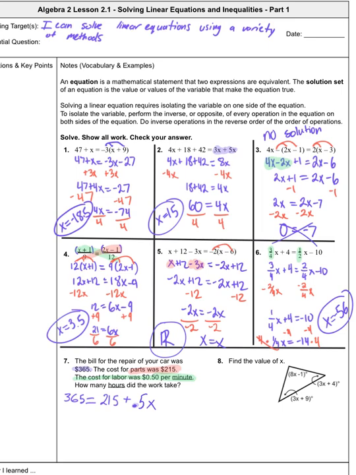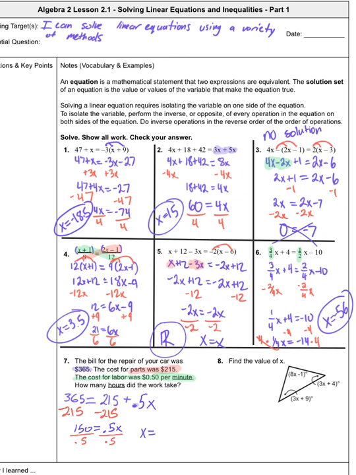So first we want to get that 0.5x by itself. So I will subtract 215 from both sides, leaving me with 150 equals 0.5x. Now to get x by itself, we divide by 0.5, which is the same as multiplying by 2.